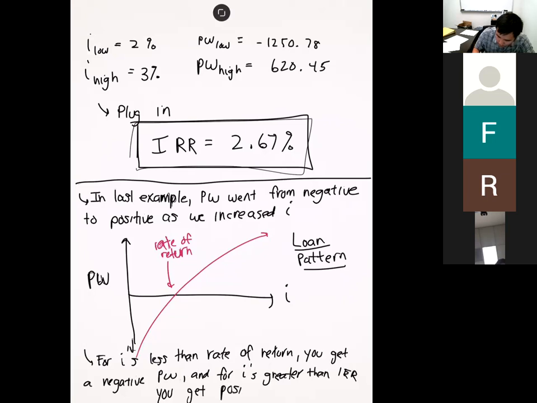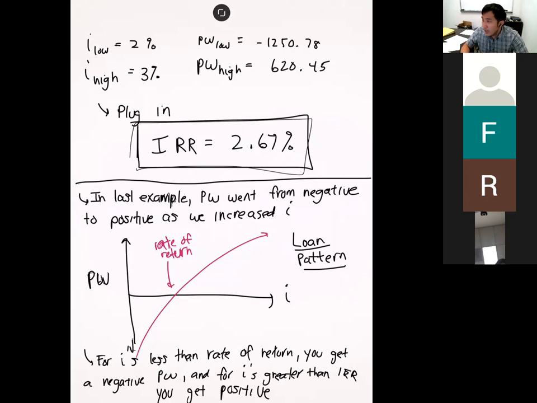It might be cut off a little bit at the bottom, but basically all this says is what I said in words. This is specifically for a loan, so for a cash flow diagram that follows that loan pattern, if you have an interest rate less than your rate of return, then you're going to get a negative present worth.